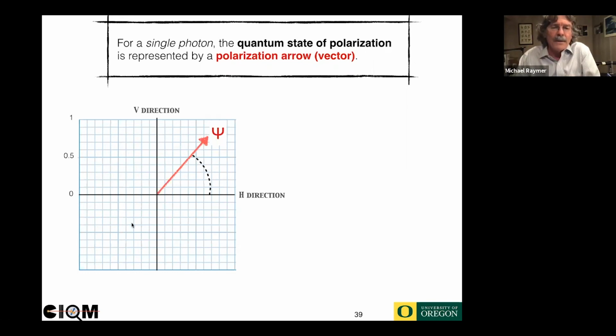It turns out it's not a physical thing. It doesn't mean that for a single photon the electric field is oscillating only along this red diagonal line. In fact, it's an ill-posed question to ask, along which line is the photon's electric field oscillating?